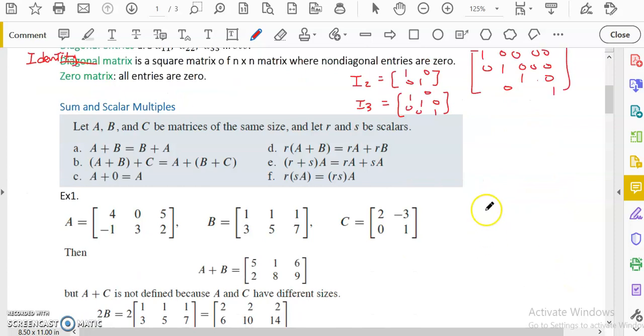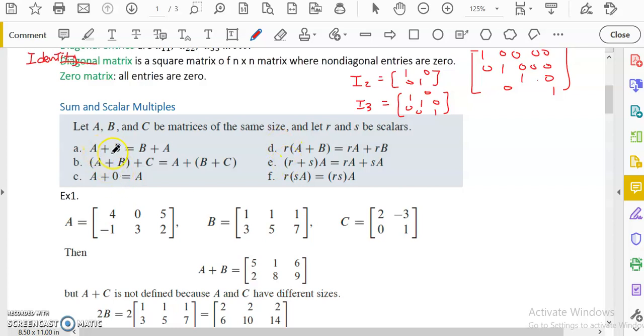Okay, so a matrix is an entity that we can deal with. The first things, just like vectors, are multiplying by a scalar and adding and subtracting them. So if I have matrices A and B, I can add them, and I can multiply by a scalar r.